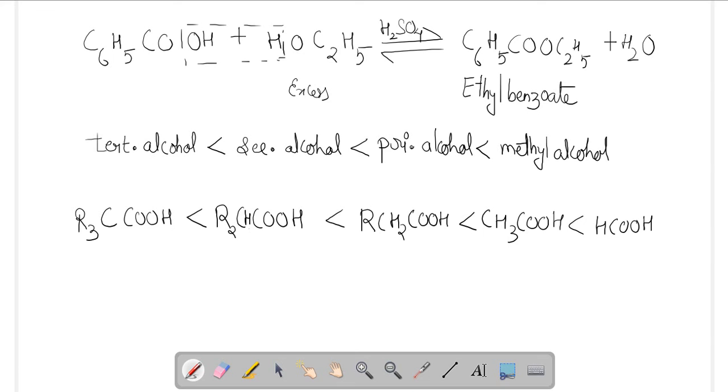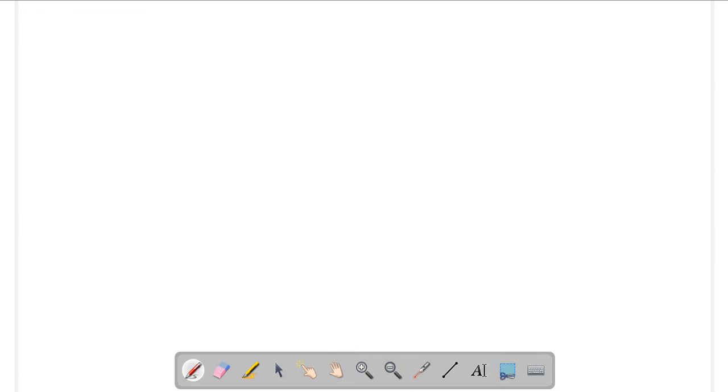What is the main reaction mechanism in the esterification? So here in the esterification, the carbonyl oxygen of the carboxylic acid attacks the H plus ion, which is produced by the H2SO4 or HCl which is used there.